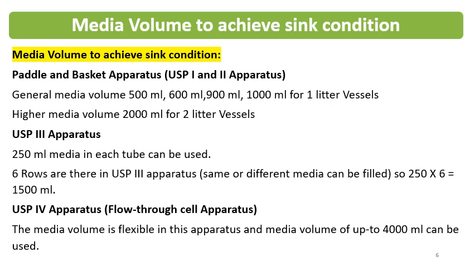So the second way to get the sink condition is increasing the media volume. And if you are using the USP4 apparatus, that is flow through apparatus, then here the media volume is flexible and the media volume up to 4 liters can be used. So this is another option.